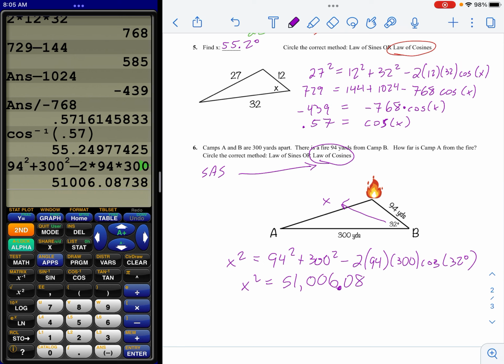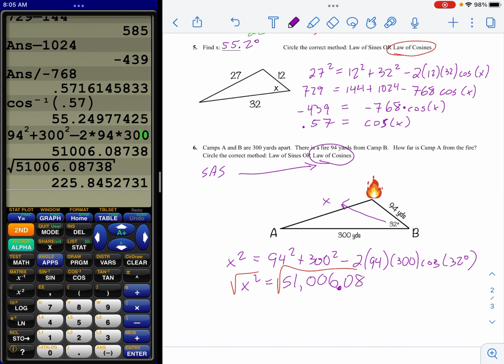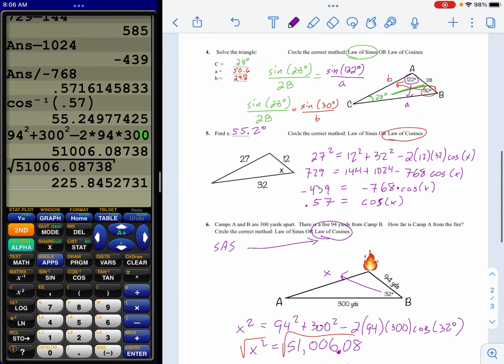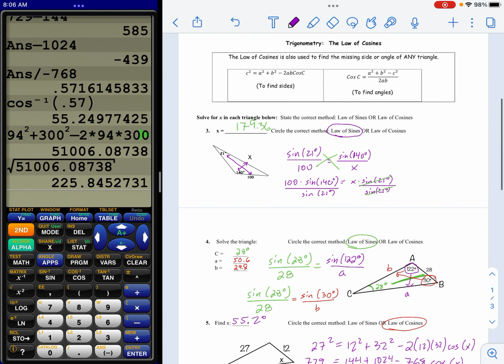And the last thing you do is you square root. Second square root, if you didn't know this, you can just go up and hit enter. 225 is how far Camp A is from the fire. This is yards. All right. There you go. Enjoy.